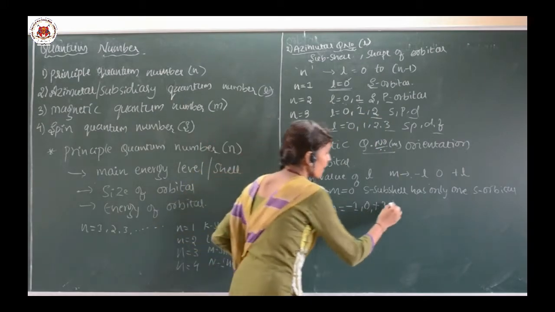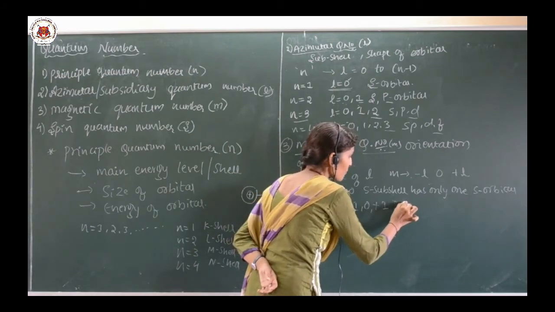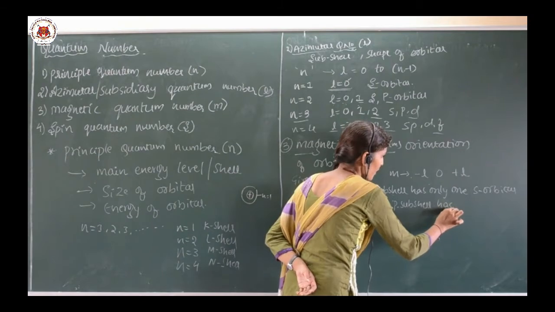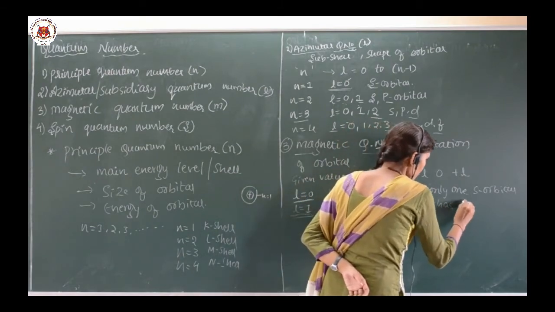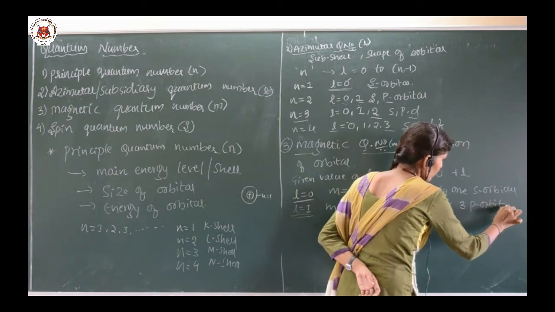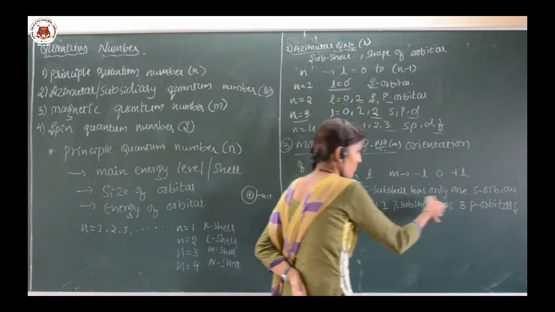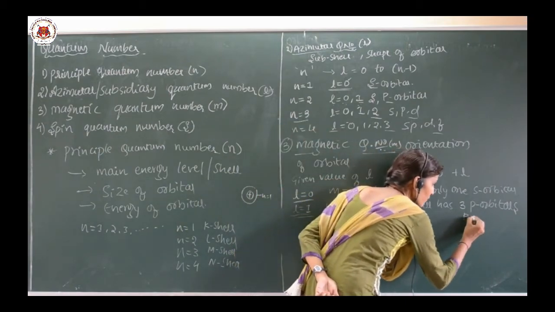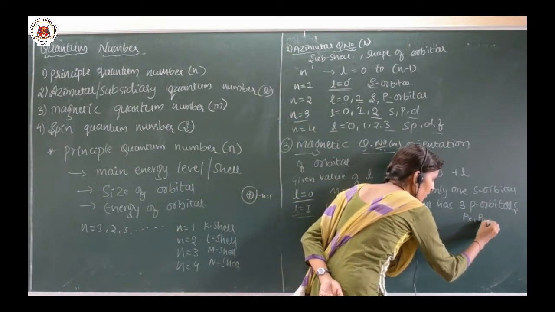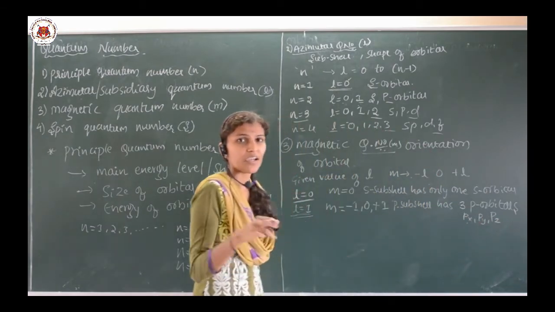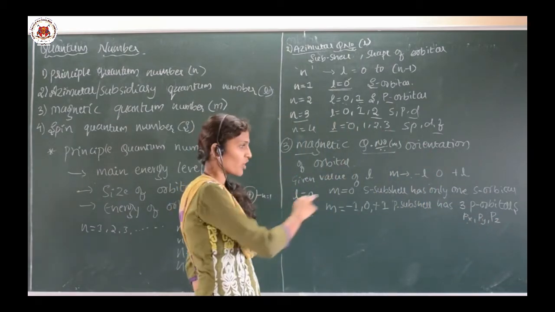It indicates that the p subshell has 3 p orbitals. Which are those? Just now we discussed the shapes of the orbitals: px, py and pz. So, these are the 3.